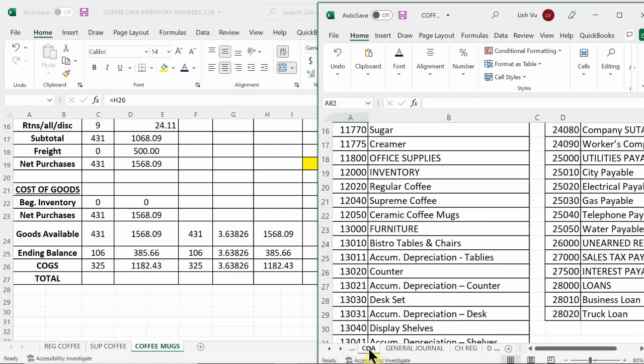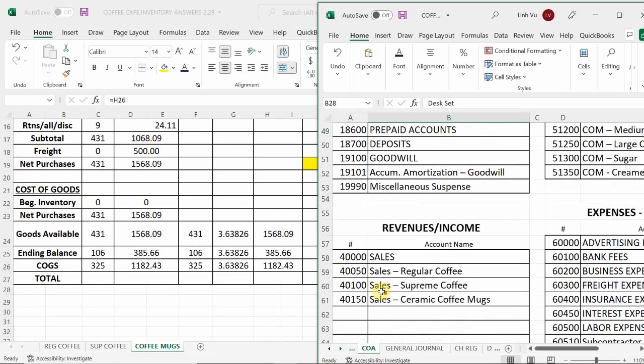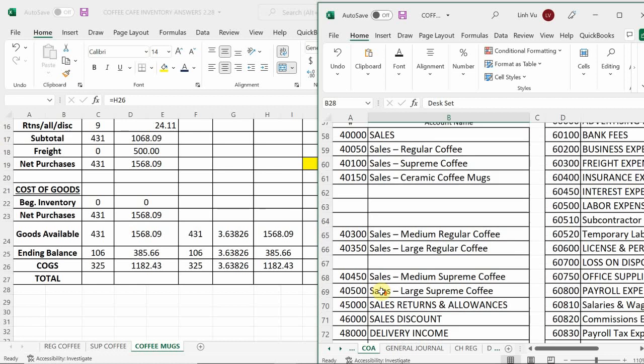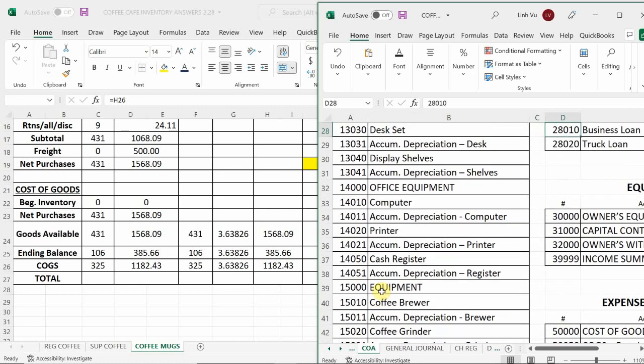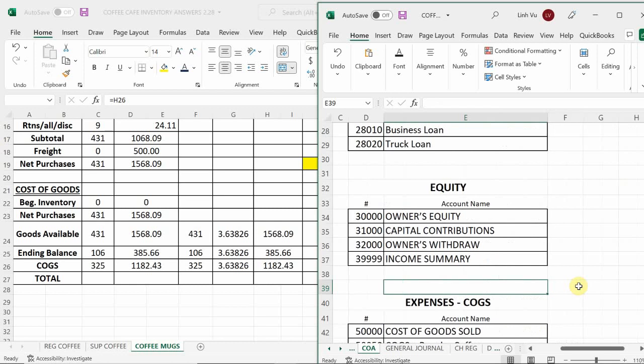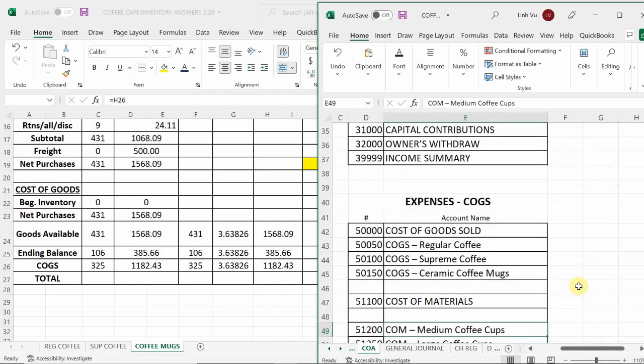What did I refer to my cost of goods sold as? Cost of goods sold, ceramic coffee mugs, account number 5150.